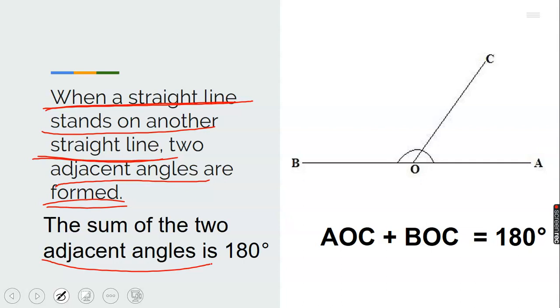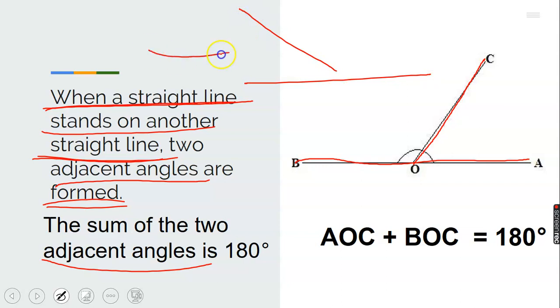Now look at this, this is a straight line. Another line is joining it. It could be from anywhere. You could have it as this, it stays the same thing. You could have it as this, it stays the same thing.